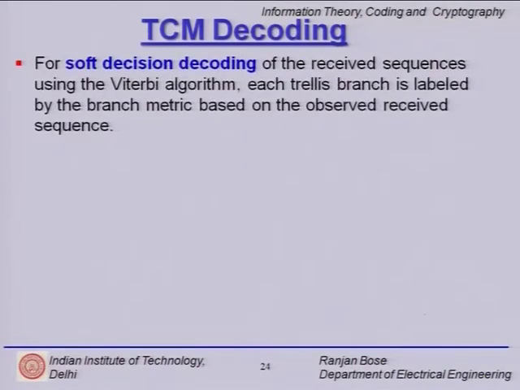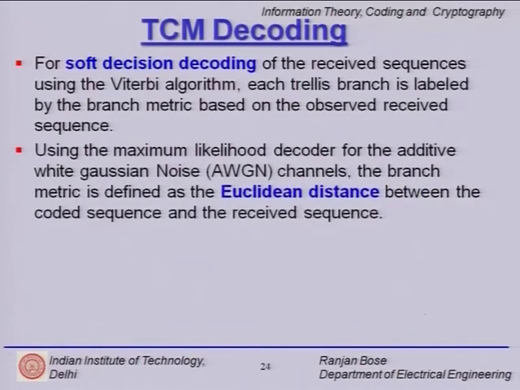For soft decision decoding of the received sequences using the Viterbi algorithm, each trellis branch is labeled by the branch metric based on the observed received sequence. The only difference is that in convolutional decoding we used the bits, and therefore the Hamming distance. Here we will use the Euclidean distance.